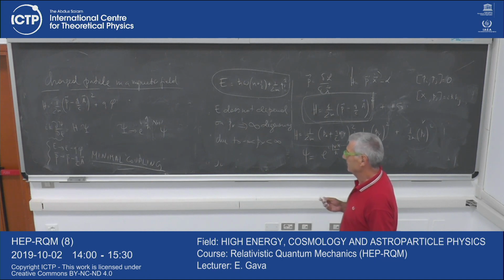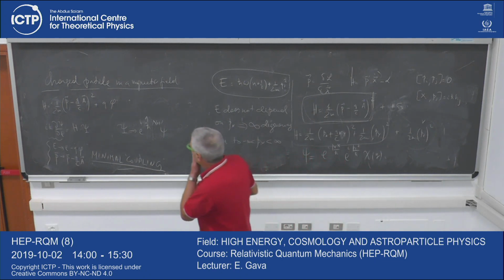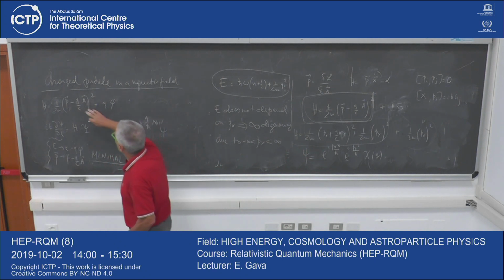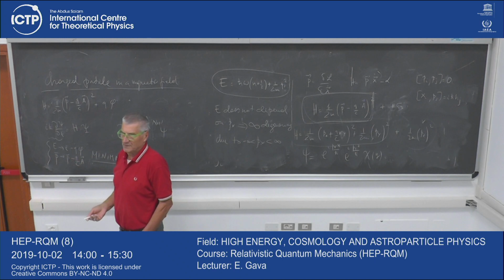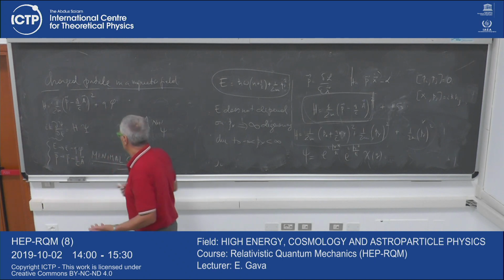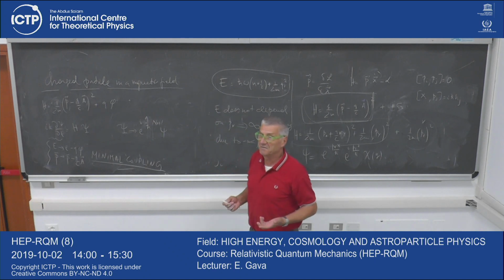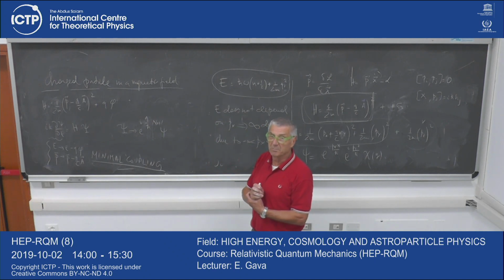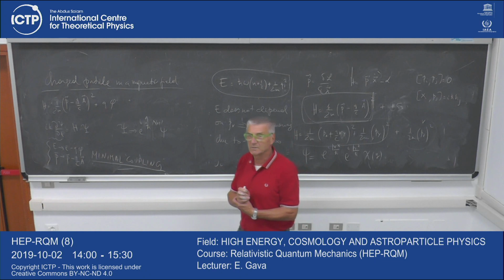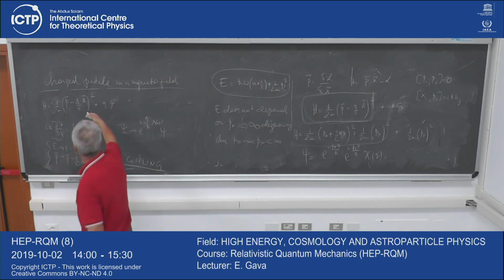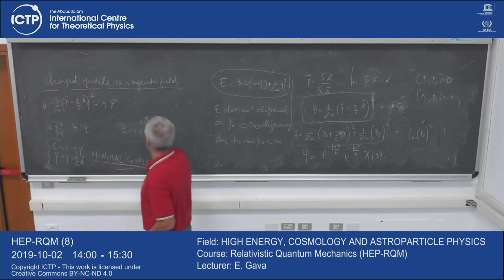What is the statement? The statement is that if I do this change of variable in the ordinary Schrödinger equation, there will be a mess, right? Because the derivative will act here, so there will be nothing simple. So in the Schrödinger equation without these potentials, this is not a symmetry.